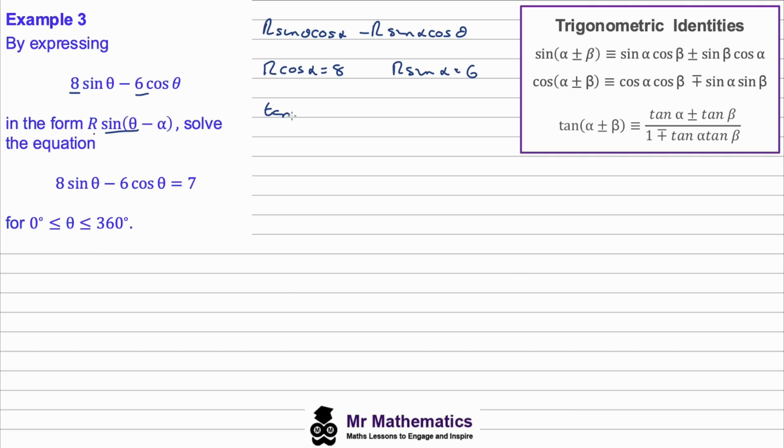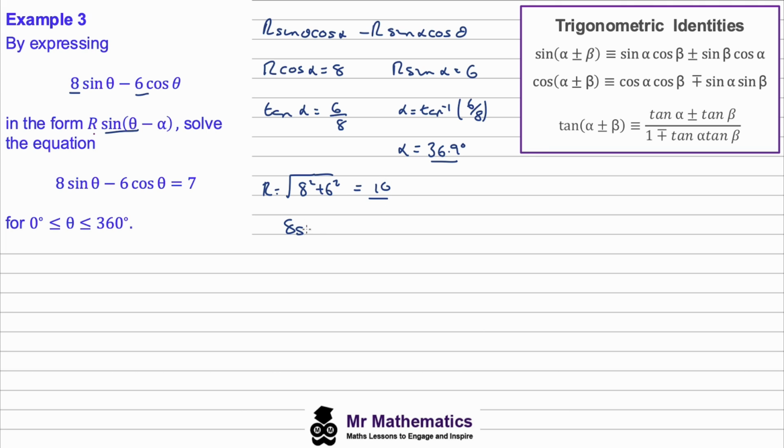So the tan of alpha will be sine over cos. We'll take the arctan of both sides. So alpha works out as approximately 36.9 degrees. R will be the square root of the 8 squared plus the 6 squared. So this will be root of 100, this will be 10.